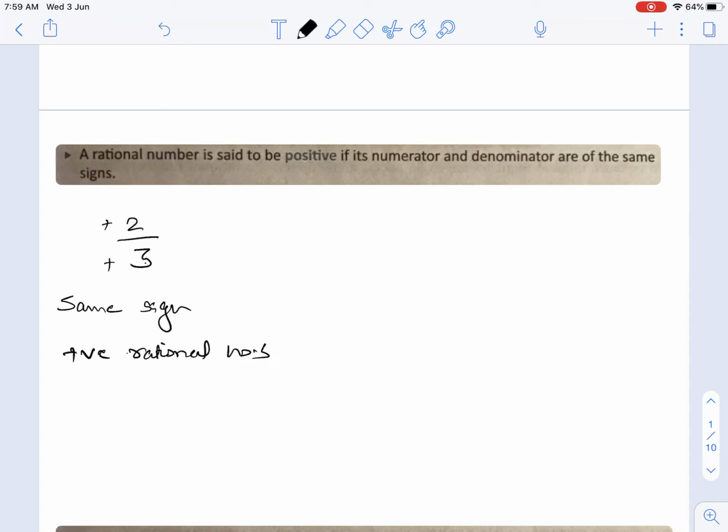For any number to be a positive rational number, the only condition is that the numerator and denominator should have the same sign.